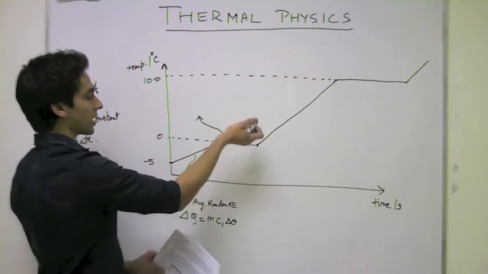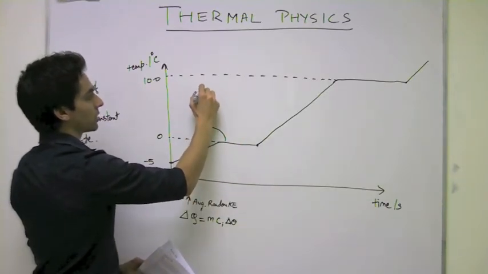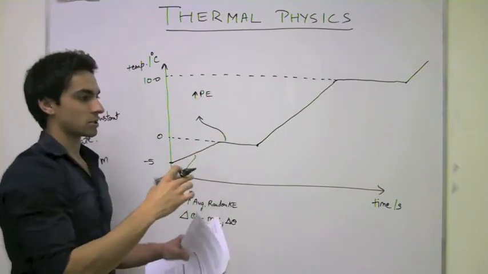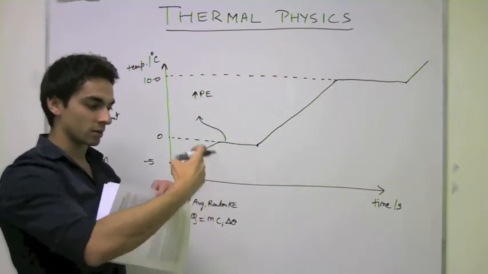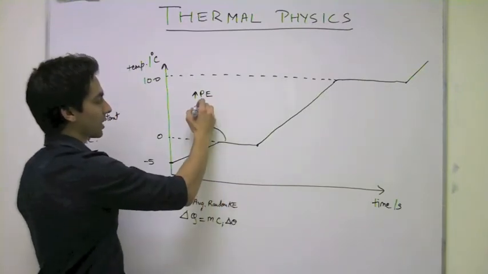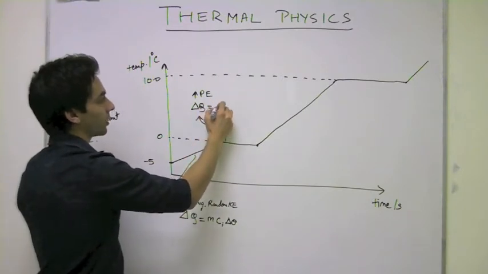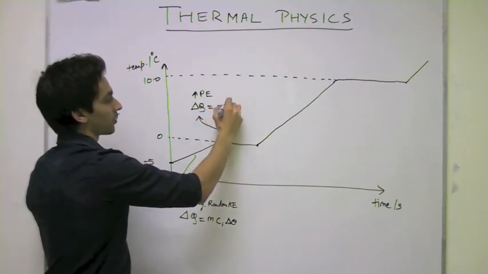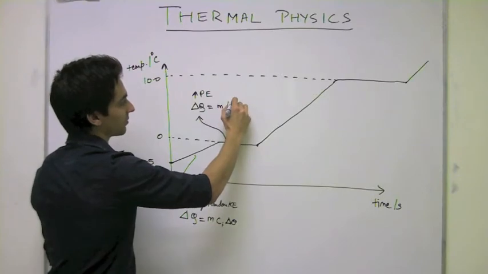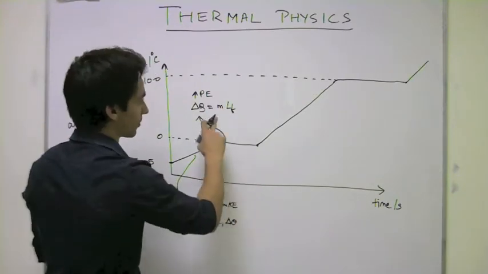So the heat that I'm adding goes on to increase the potential energy. Why? Because the heat that I'm supplying is breaking the bonds between the solid molecules, right? So it increases the potential energy, and the heat that I supply can be calculated with this formula: the mass times the specific latent heat of fusion of water or ice.